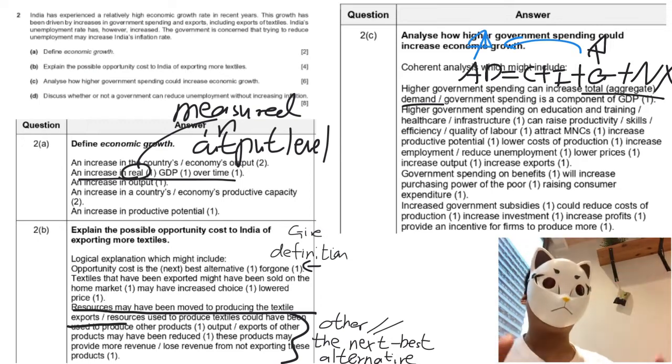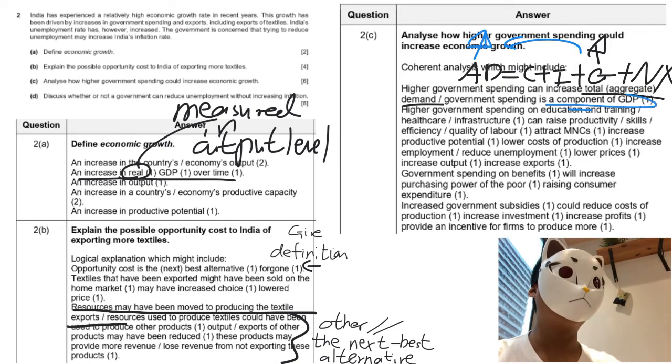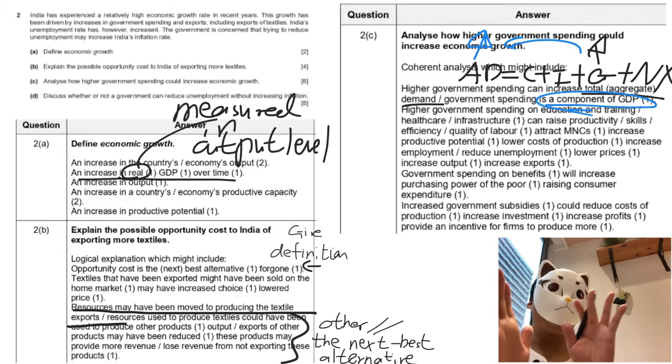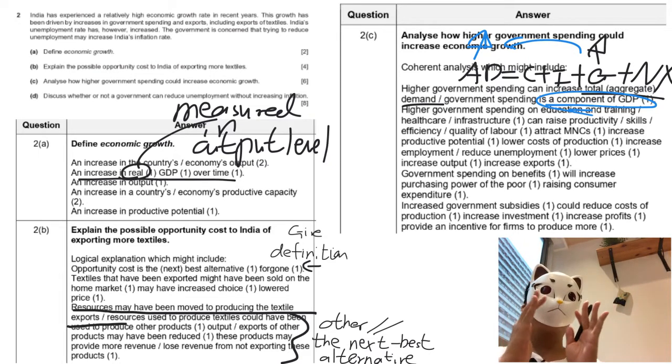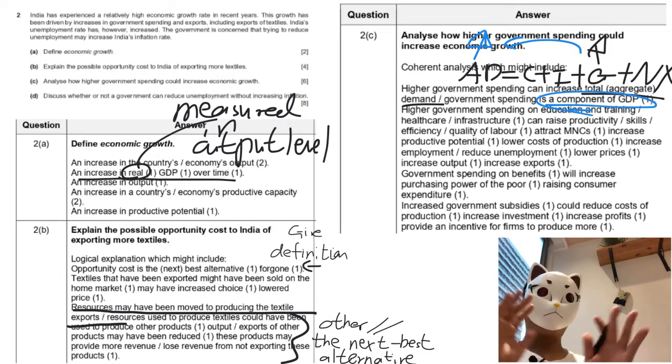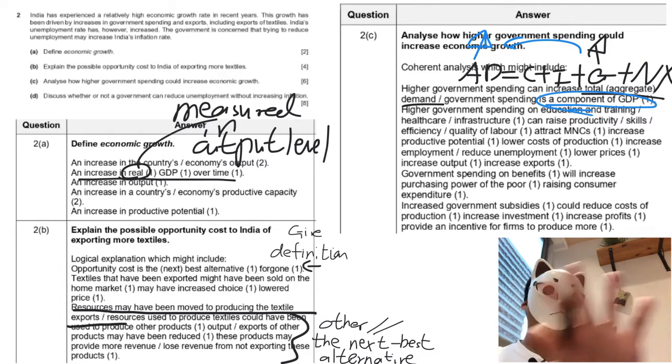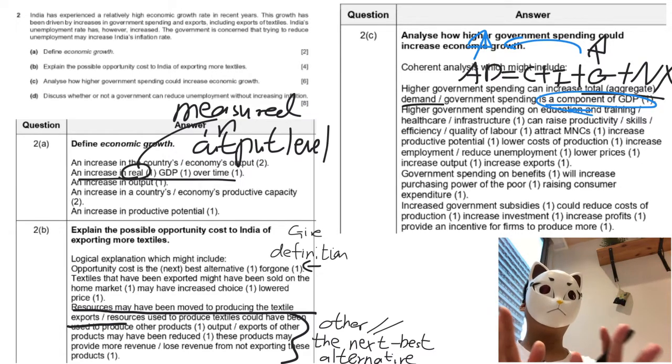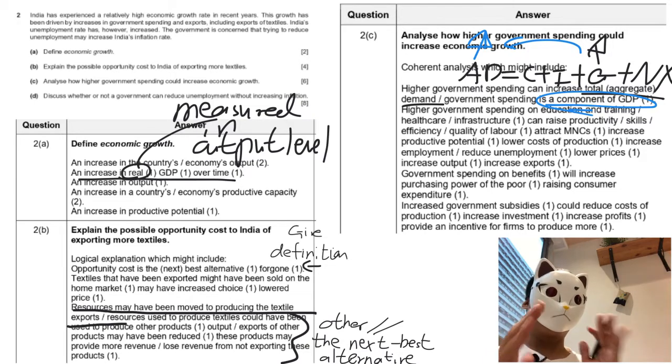That's correct, it's a component of GDP. But it does not go to economic growth. A rise in aggregate demand does not equal economic growth. So we have to talk about the meaning of economic growth.